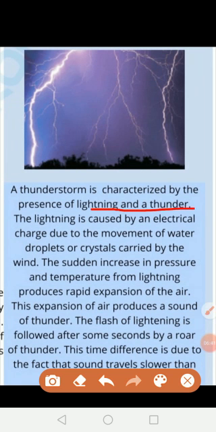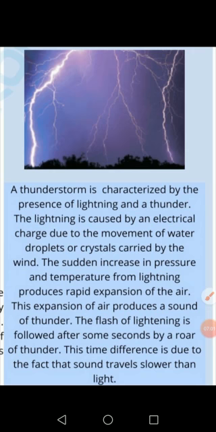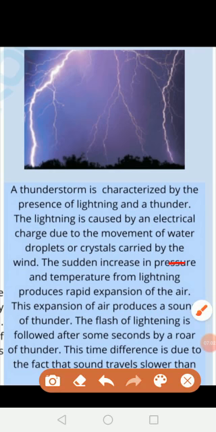Now how does this lightning occur? Lightning is due to electric charges, which arise from the movement of water droplets or crystals carried by the wind. When there is lightning, there is a sudden increase in pressure and temperature, and that produces a rapid expansion of the air, and this expansion of air produces the sound of thunder.